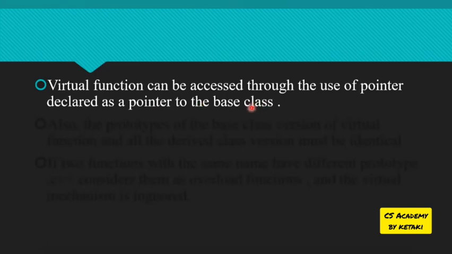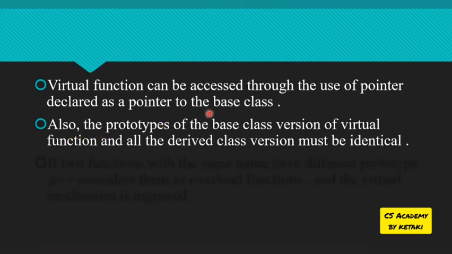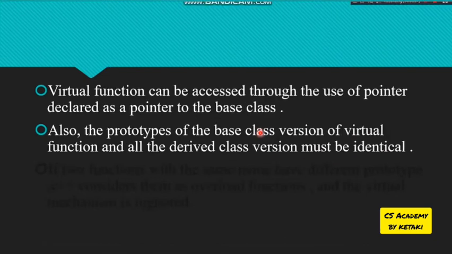Next, the prototype of the base class version of a virtual function and all the derived class versions must be identical. When two classes, a base class and a derived class, have the same function with the same function name, in that case we use the virtual function.